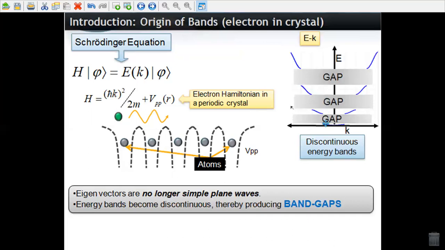So this kind of behavior is observed, and discontinuous energy bands are developed. These regions are called the first Brillouin zone, and these regions are second Brillouin zones, and so on and so forth.